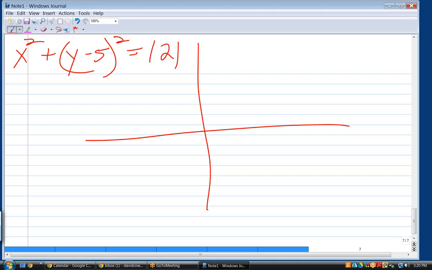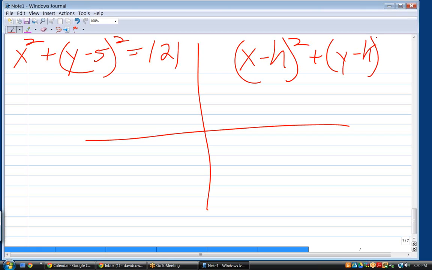What's the general equation of a circle? (x minus h) squared. Remember, it's always minus. Plus (y minus k) squared equals r squared. So in this problem, what is h? 0. What is k, excuse me? 5. And what is r?